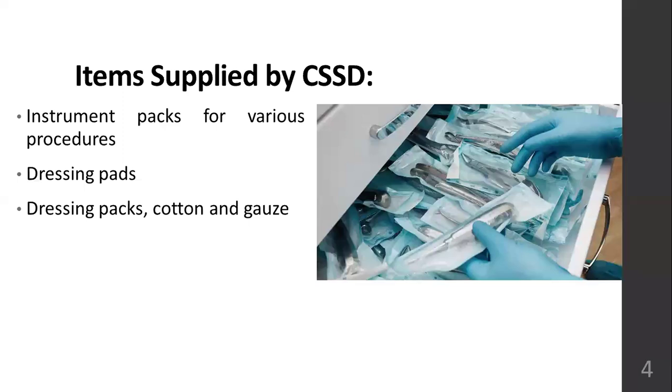For different procedures, different instrument packs are made. Dressing pads are made with cotton in the center and gauze pieces on both sides, and they are sent to the CSSD.